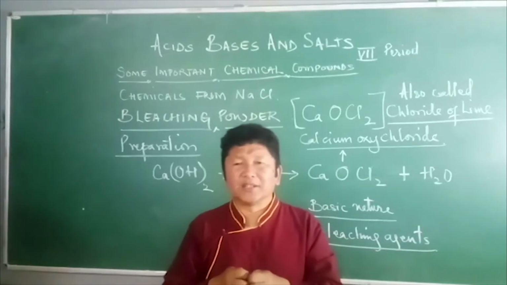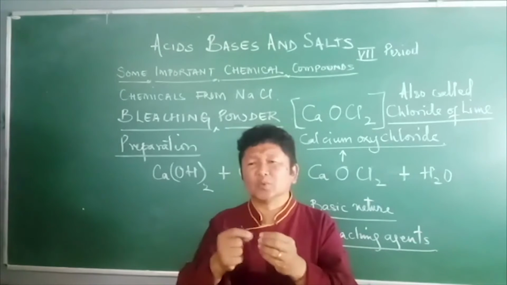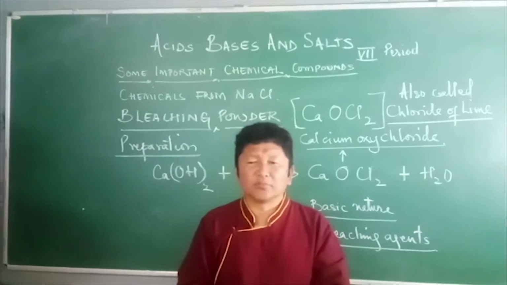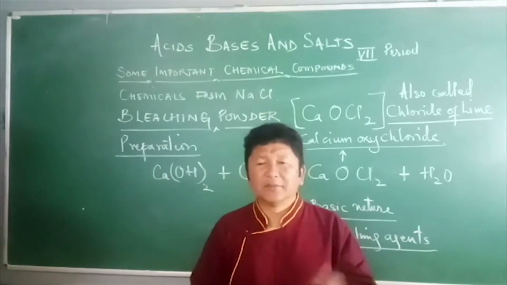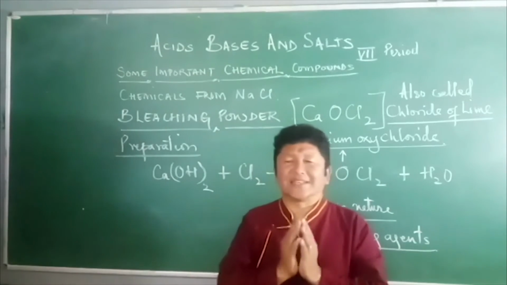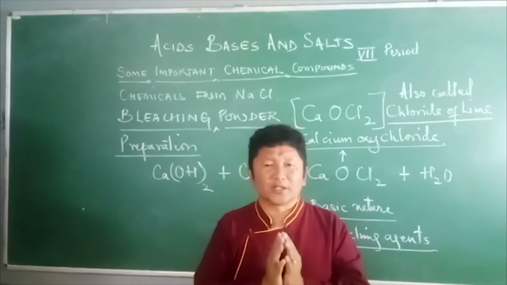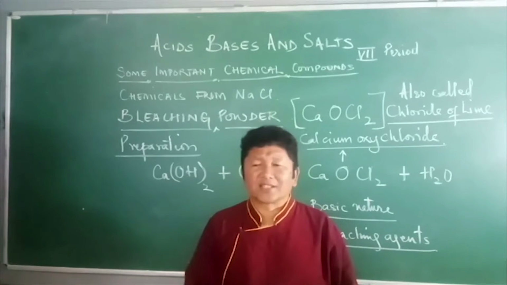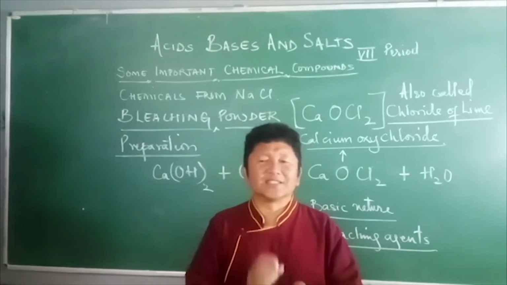Okay, bleaching powder is also used as an oxidizing agent in industries such as textile industries and paper industries.